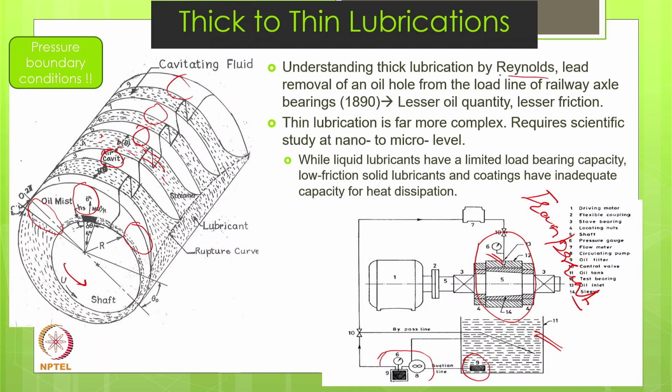So this is what came from a Reynolds equation, and then he solved it and figured out that oil hole position should be changed, and this is where we are trying to show: if the oil hole position is in this zone, which I am showing with the red color, then oil will come in a reverse direction and hydrodynamic action will be missed to some extent.